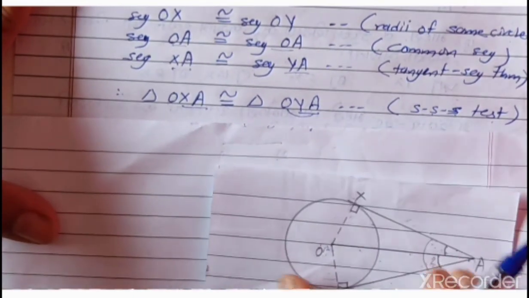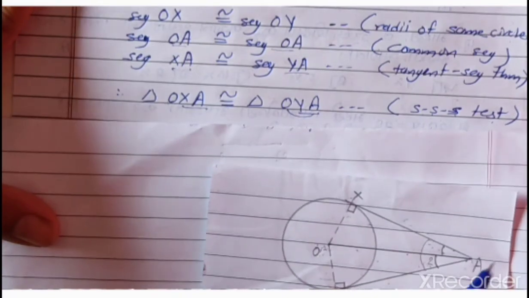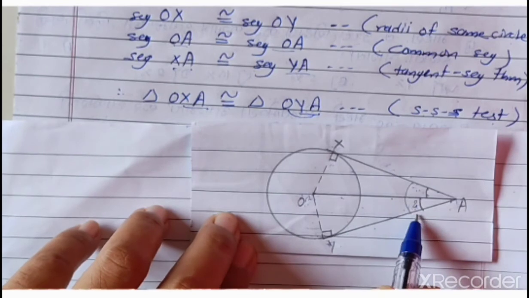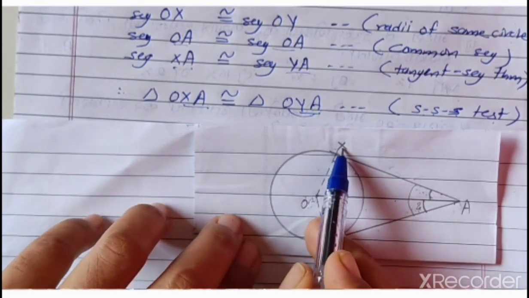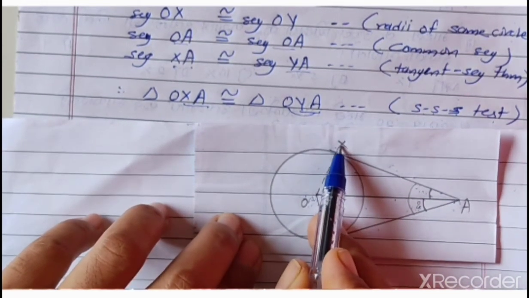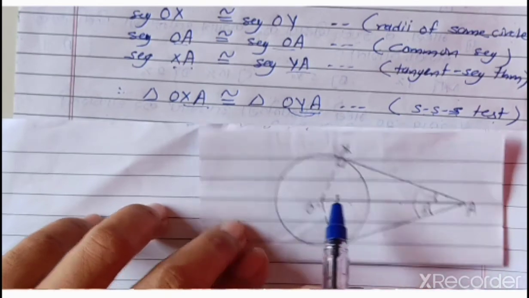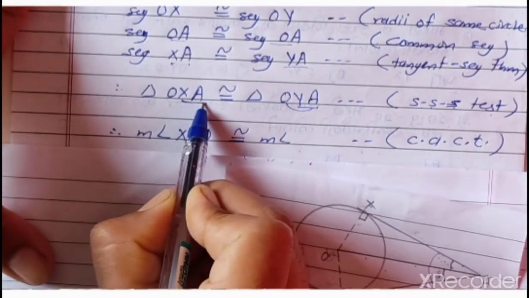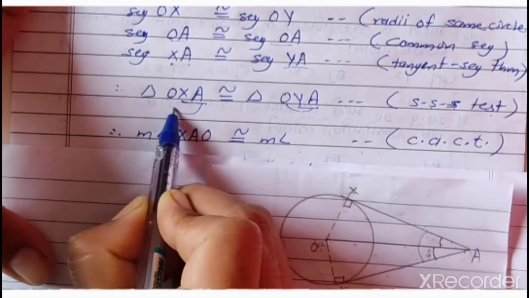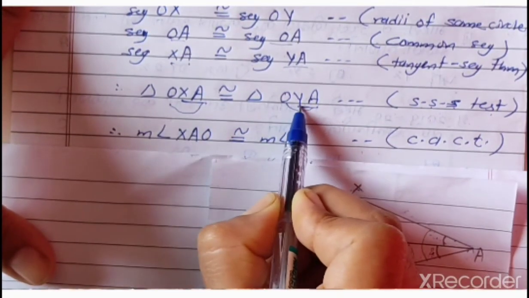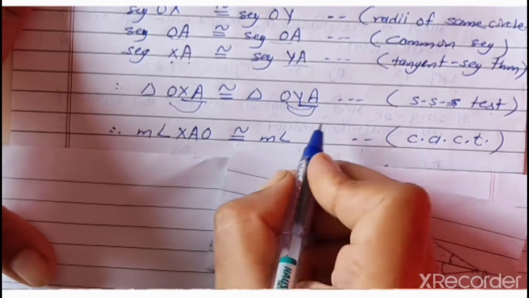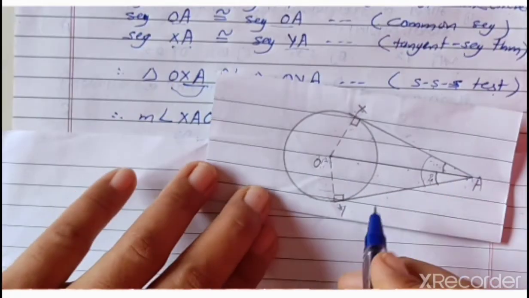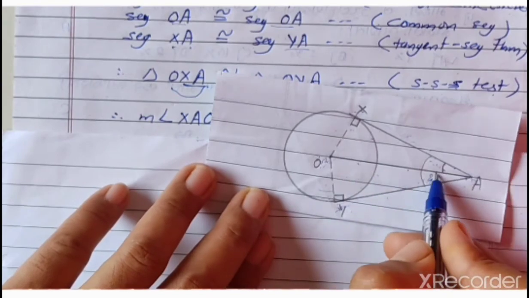So here we want the corresponding angle. The first angle is XAO. Second, third and first: here I am also using second, third and first, which gives YAO.